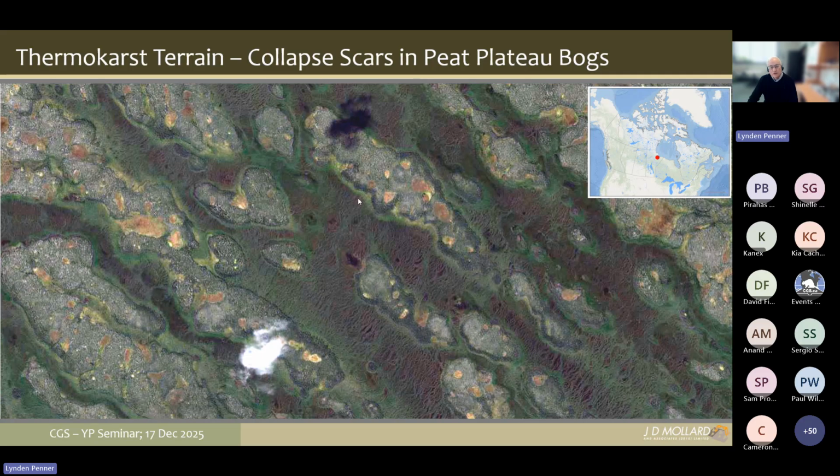So very sharp boundaries between these landforms, and you go from non-permafrost conditions to permafrost conditions. And within these collapse scars, of course, the ice is melted. There may still be some permafrost at depth, but there's been enough thawing of the ground ice within the permafrost to create a collapse feature.